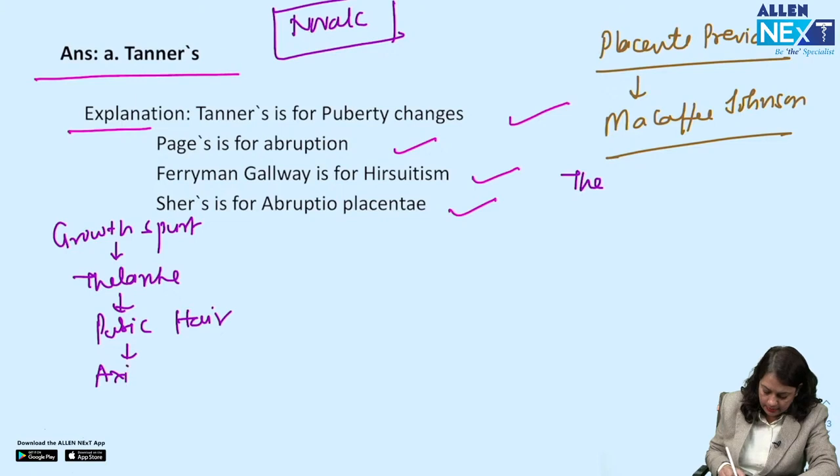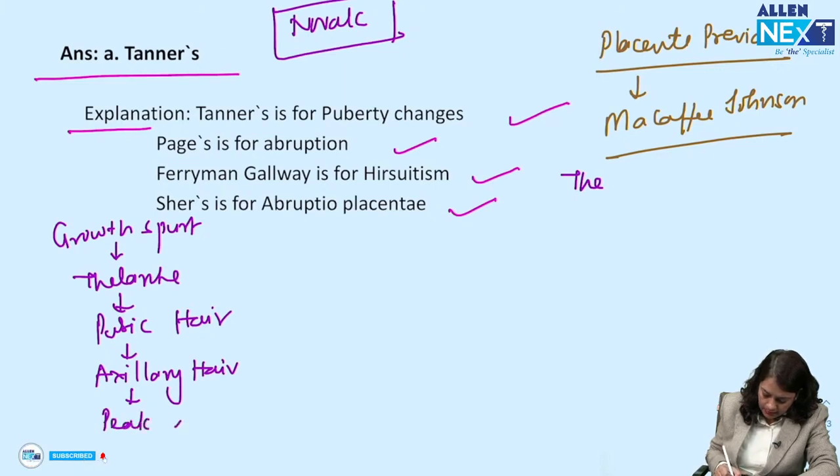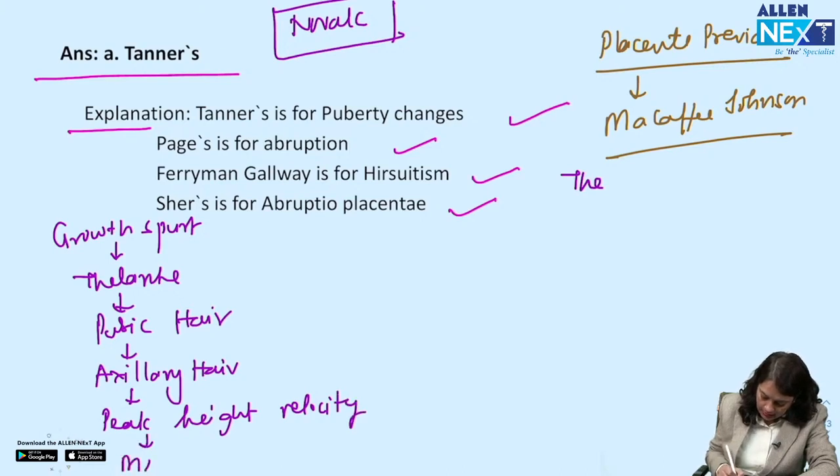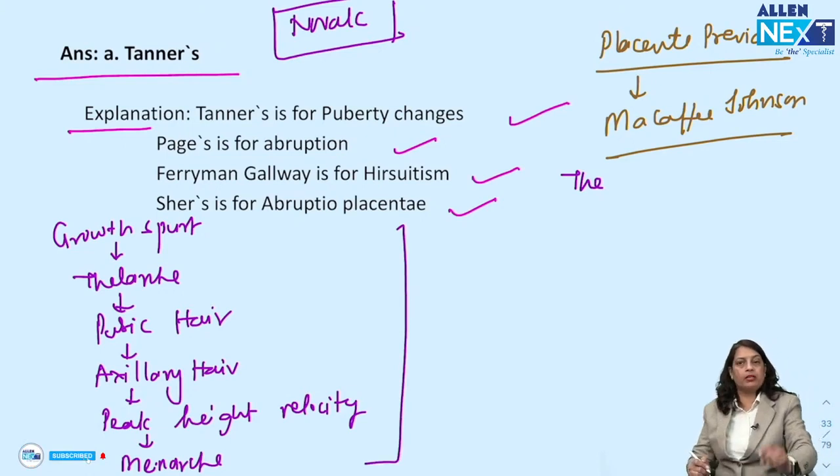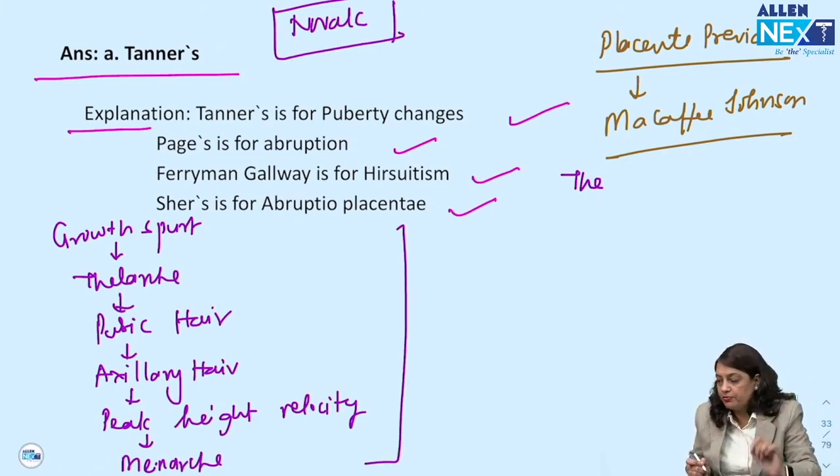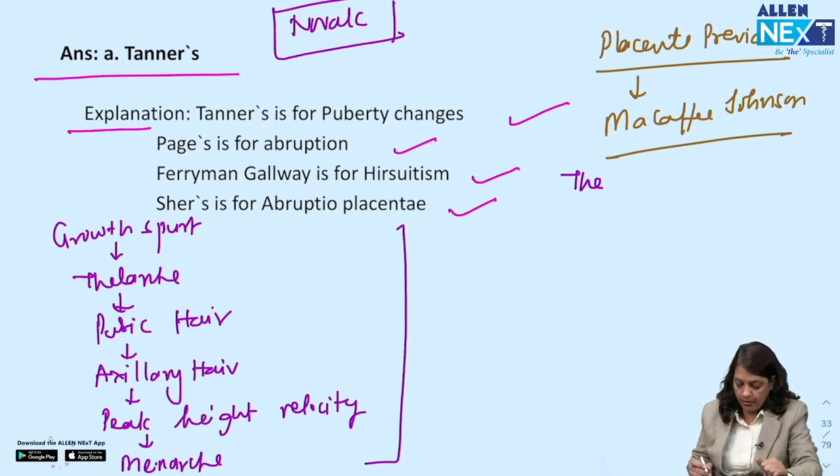Then there is axillary hair. Then there is peak height velocity, and then there is menarche. So remember this sequence, which is very, very important.